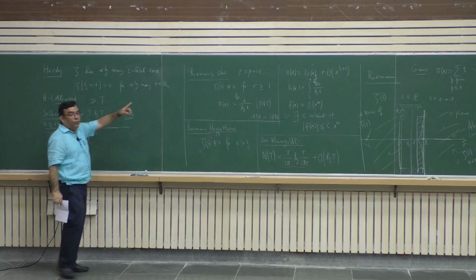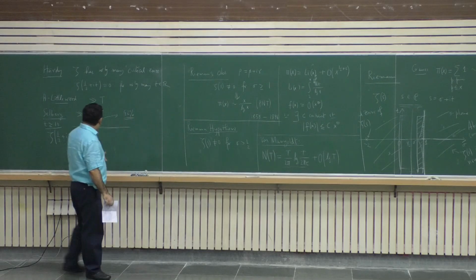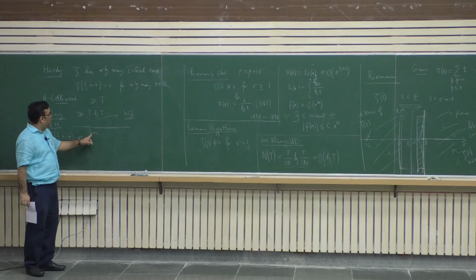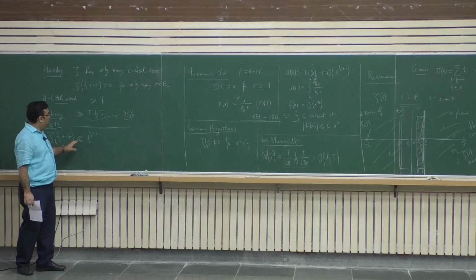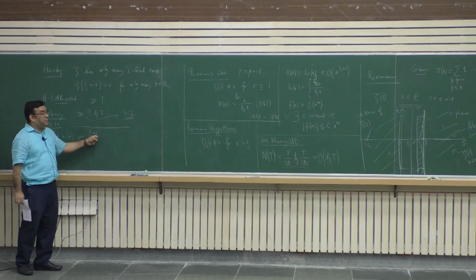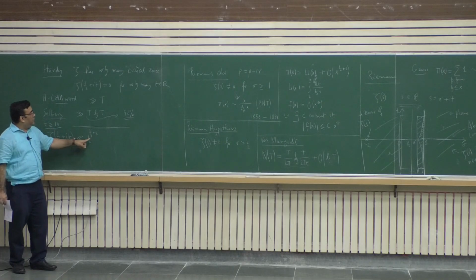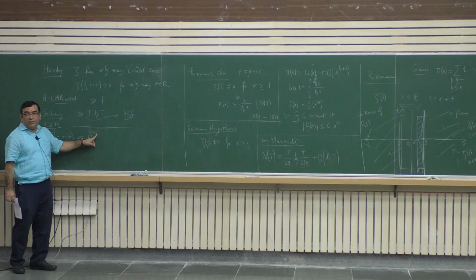So you can take epsilon to be as small as you want. But this entire constant over here will probably depend upon this epsilon. So as you take epsilon smaller, this constant may get larger. But that constant will no longer depend on t, only on epsilon. So this follows from the functional equation.